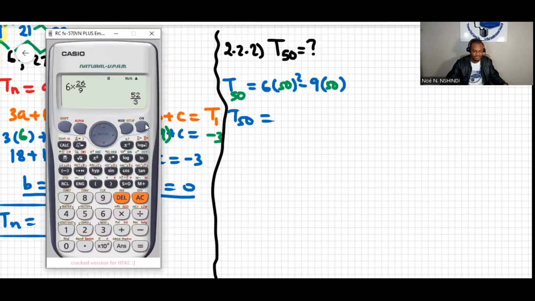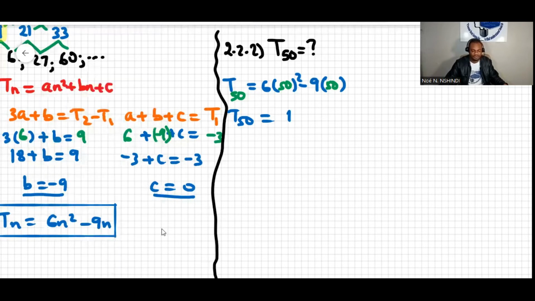So we have 6 open bracket 50 to the power of 2, minus 9 open bracket 50, and that's equal to 14,550. Yeah, that's what it is.